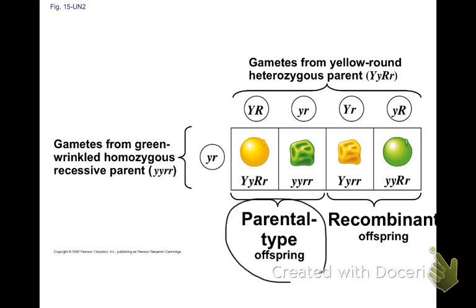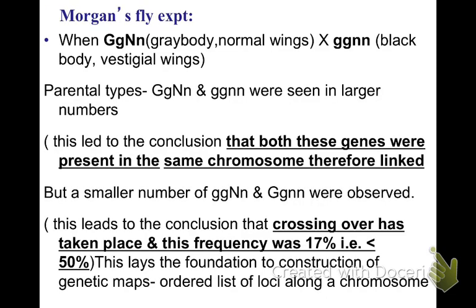Parental type means exactly looking like the parent, and recombinant type means it's like a combination. Whatever I did in the previous slide is done along with a picture, so you are able to put all of that in a pictorial and visual form and understand it.